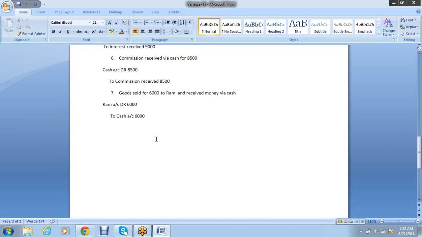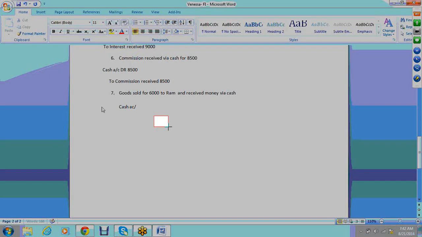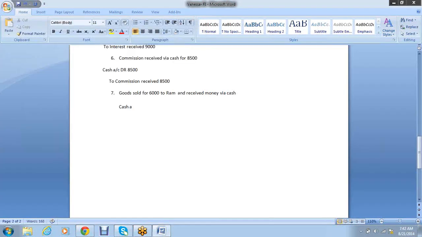If you have taken credit, then yes, he has to remember you because in the future you are going to pay. Similarly here, he is paying cash, so it is not necessary for me to remember Ram. So cash is coming in, so the cash account is debited.